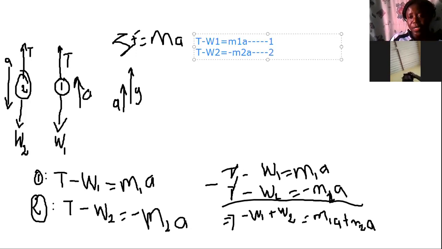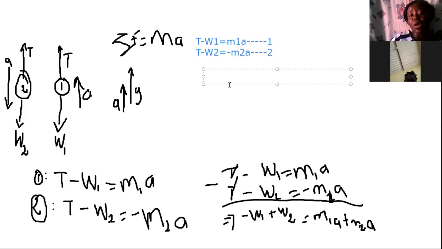Now we have two unknowns with two equations. So the better way is, since we have two unknowns and two equations, you can either use the elimination method or the substitution method. Let's use the elimination method, because with the substitution method you have to make one the subject of the formula and then substitute into the other one.